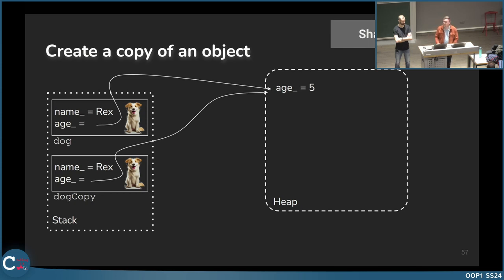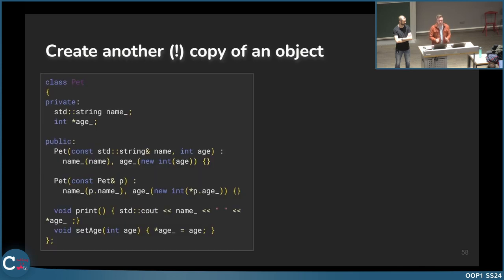In some cases, we want to have that, but if I say I want to create a new object, I probably don't want that, because if I delete, for example, the original dog, then the dog copy also might lose the access to the heap space. And this is why I need something different. So we create another copy of an object, but in that case we have to have a look at this code where I have a copy constructor.